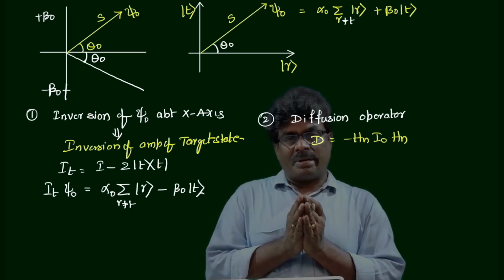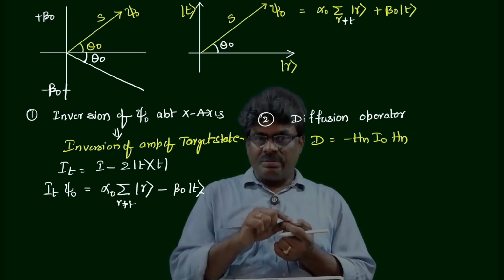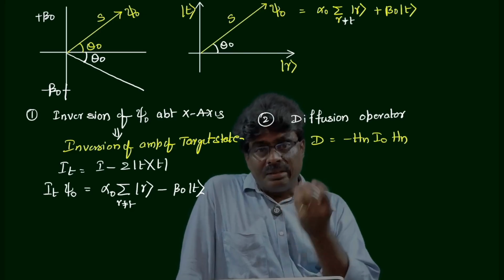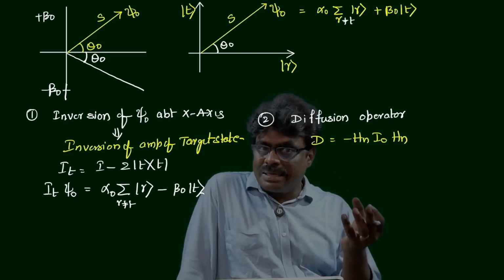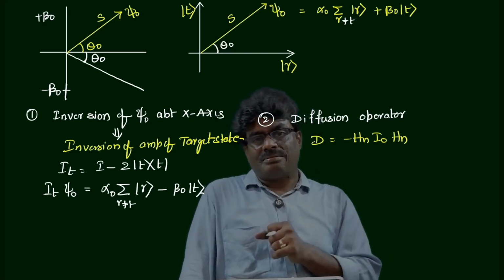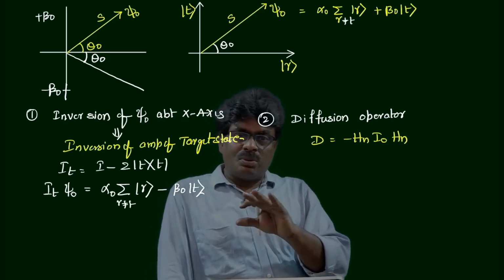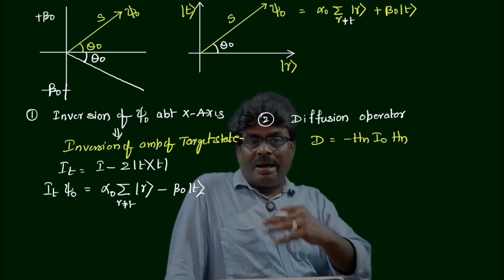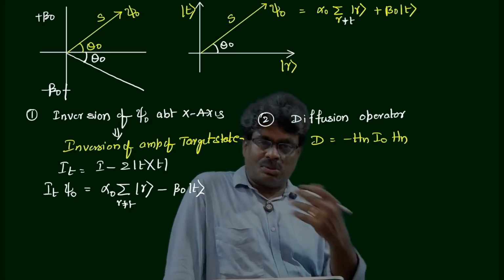In this diffusion operator, first we operate the Hadamard operation, and after that we would like to invert the amplitudes of all other states except 0. That means the 0 state amplitude has no phase change, but the amplitudes of all remaining states get the opposite phase. If it is a plus, it should be minus.